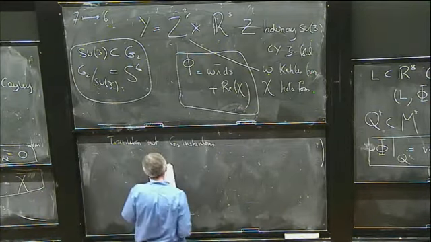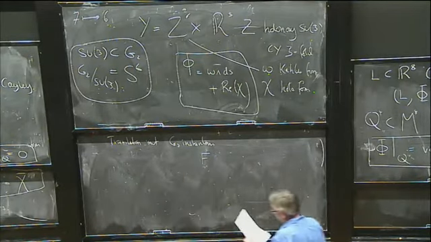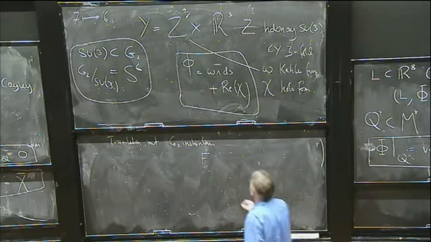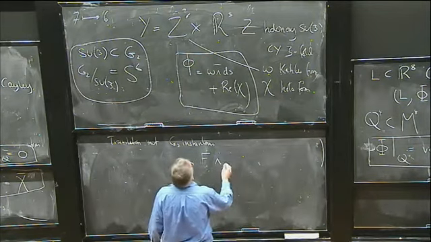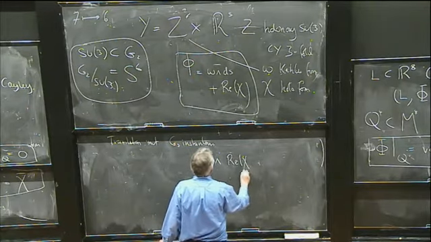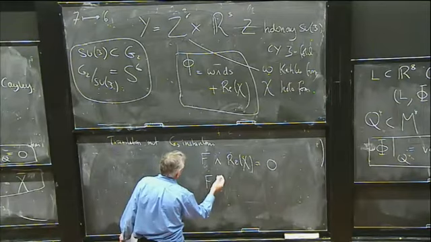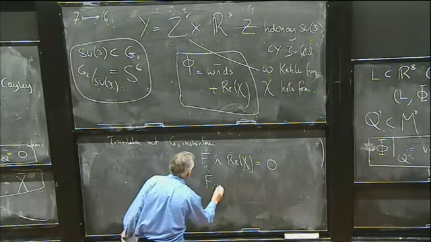They just correspond to connections where the curvature F satisfies two conditions. One is that the wedge product of F with this three-form here is equal to 0, and the other is that the inner product of F with omega is 0.